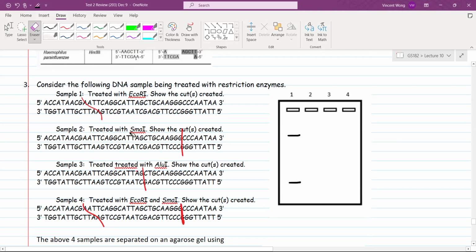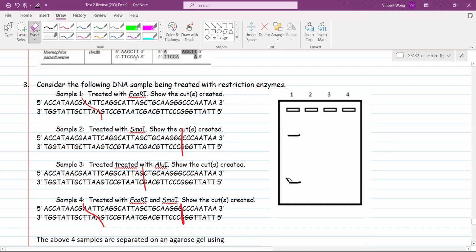Sample number 2 is treated with SmaI, and I also have 2 fragments, but I hope you can tell this here is shorter than that, right? Yeah. It's not a lot shorter, but it is shorter.